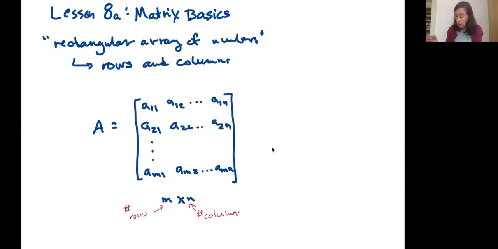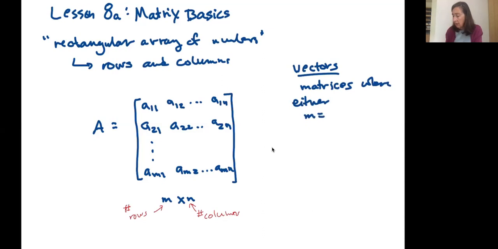Just one other bit of lingo here. Vectors are matrices where either m equals 1 or n equals 1. We either have a single row or a single column. And guess what? We call them row vectors or column vectors.